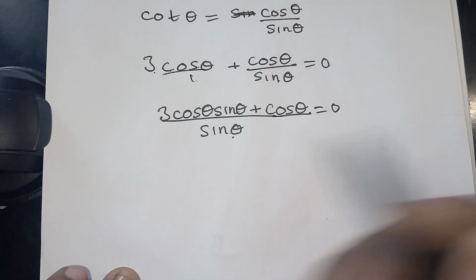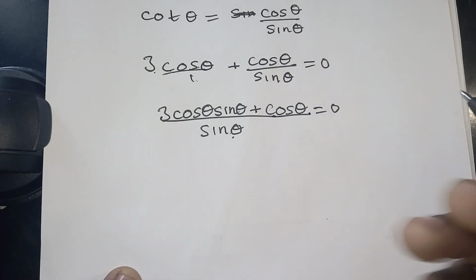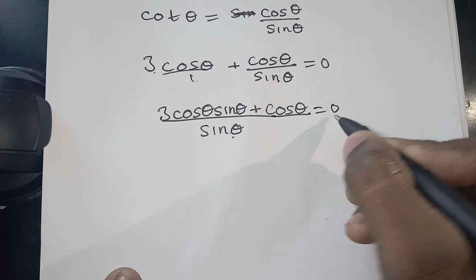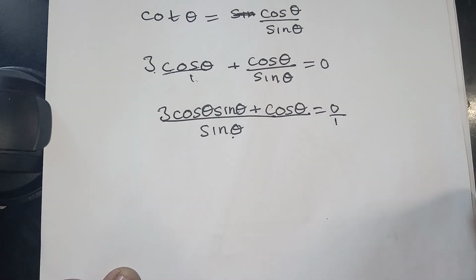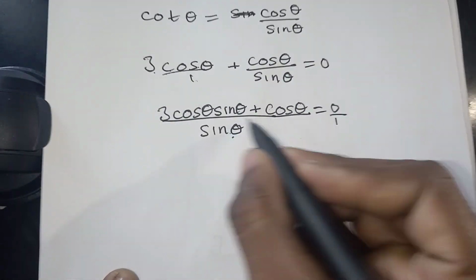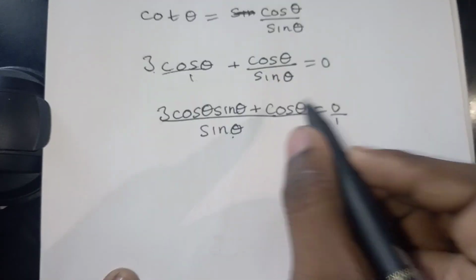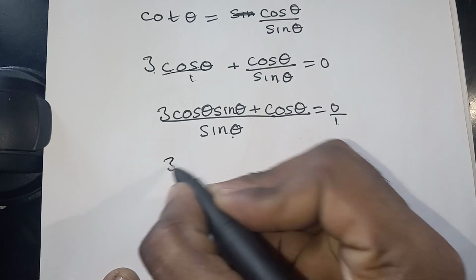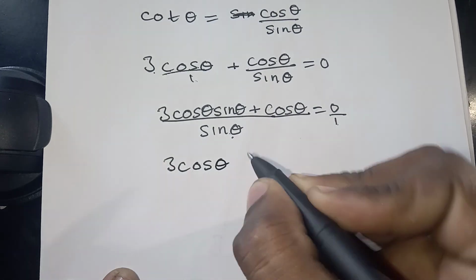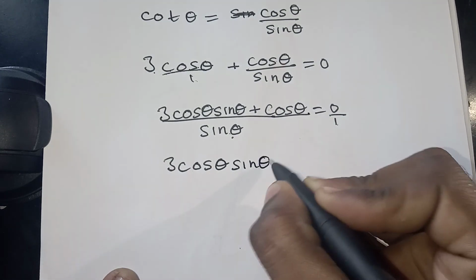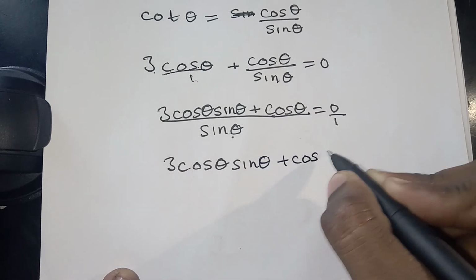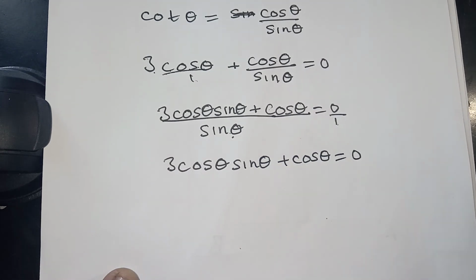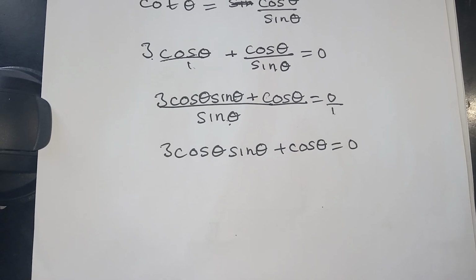Yes, so when you do this, you can even see the answer. Others will put a 1 there and cross multiply. So this part multiplied by 1 will be cos theta sine theta plus cos theta, and this must be equal to 0.